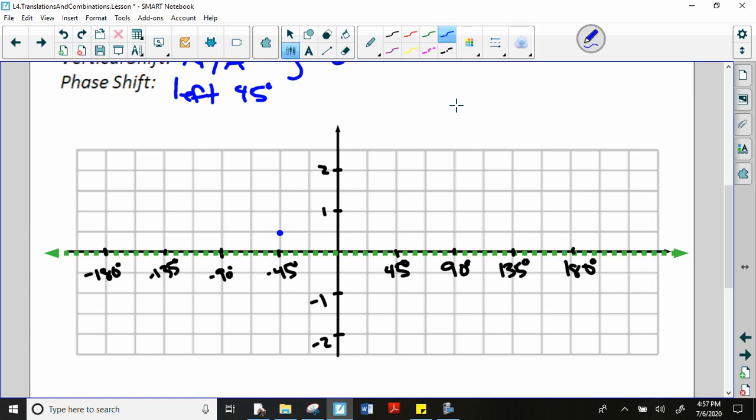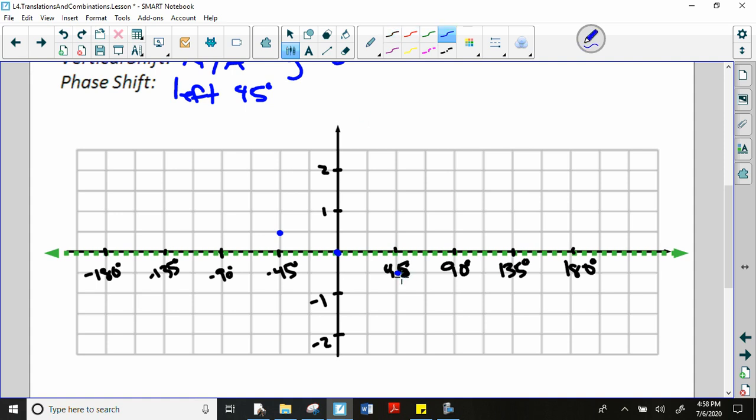High, middle, phase shifted to the left. Low is at a half, phase shifted to the left. This is 45.